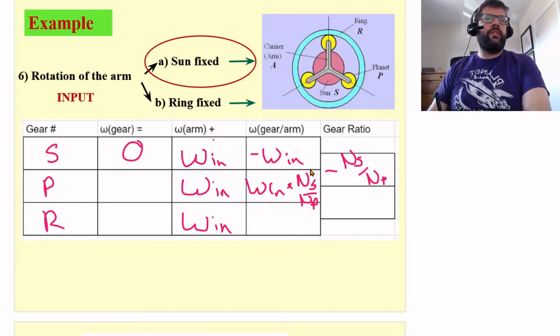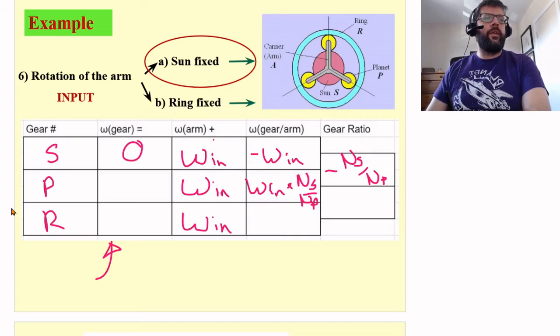So we can figure out the rotational speed of the planets, but we don't really care all that much at this point. From there we can go to the rotational speed of the ring, which is our output, so that's the one we're worried about. If the sun's fixed, we're worried about the speed of the ring if the arm's the input.